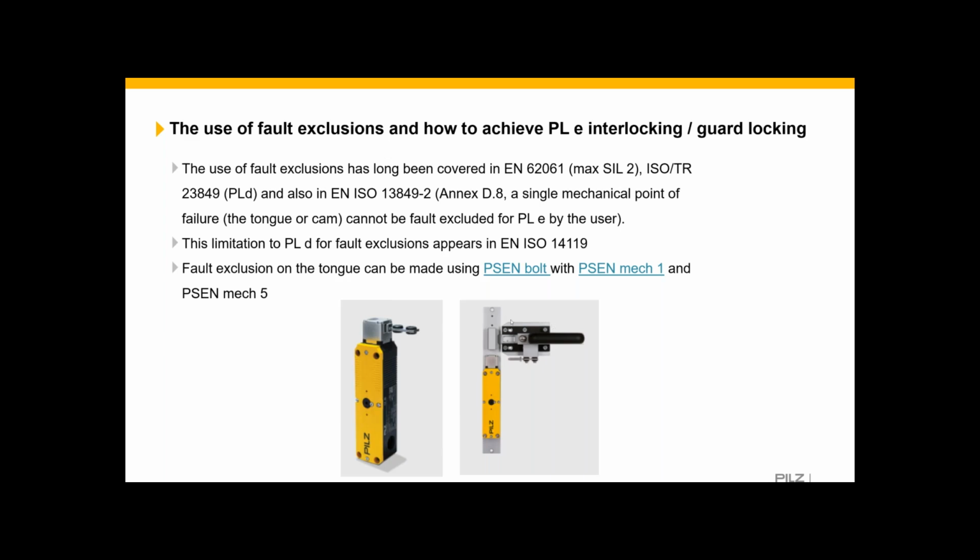But by using the PCEN bolt, this product here, we can claim fault exclusion as the actuator is less likely to fail due to the over-dimensioning of the PCEN bolt. So we can therefore claim PLD. What we mean is that the bolt itself, the PCEN bolt, will take all the force and the pressures, which means that there's no stress on the actuator. So that's how we can claim fault exclusion.